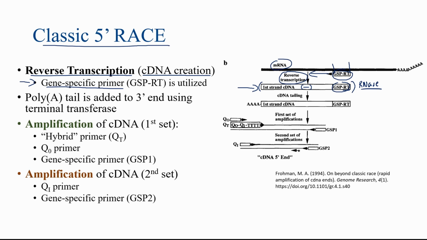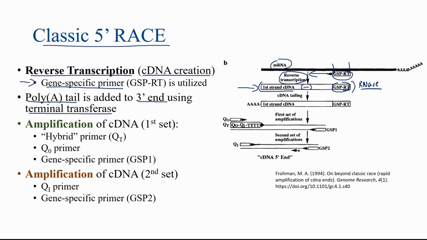Now, once we create the first strand of cDNA, we will then add a poly A tail to the 3' end using terminal transferase. So it's important to recognize that terminal transferase is more or less an enzyme that adds nucleotides to the 3' end of DNA or RNA molecules in a template-independent fashion.